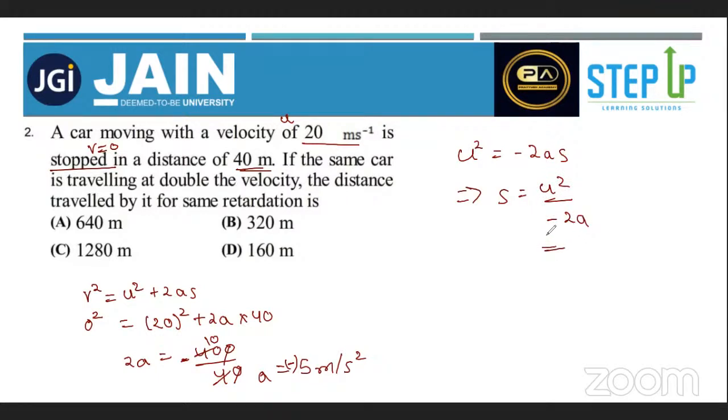The car is traveling at double the velocity, so the double is 40. So 40 into 40 upon negative 2 into minus 5. This gets cancelled. So 5 times 8, 2 times 4, so 160 meter. Right, so 160 meters is the answer.